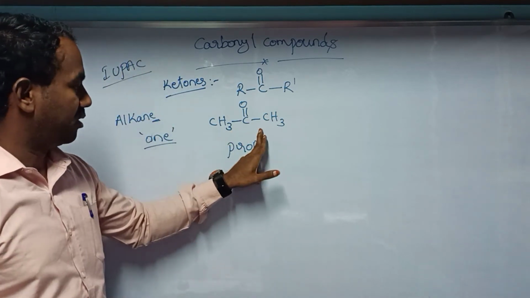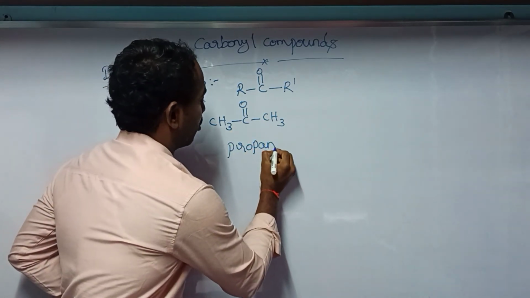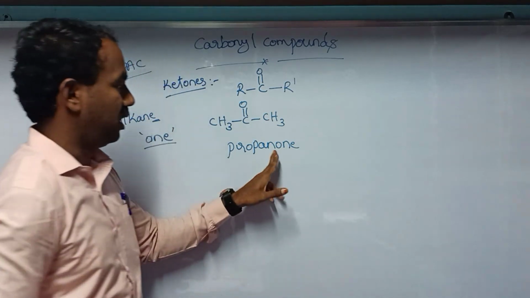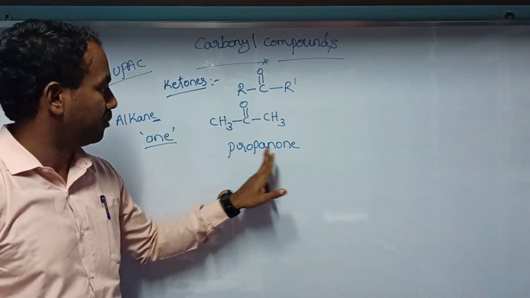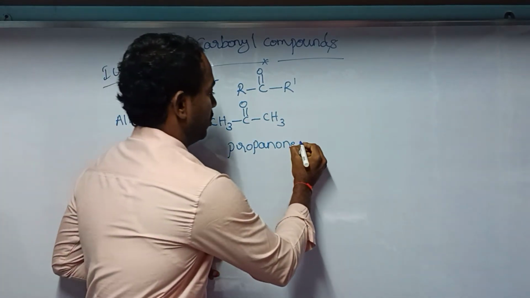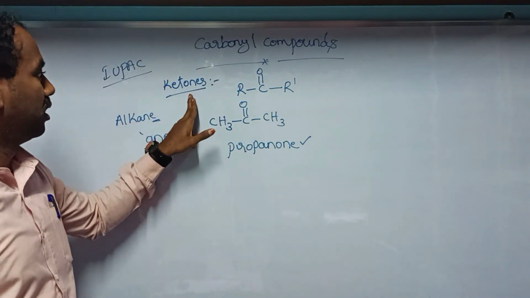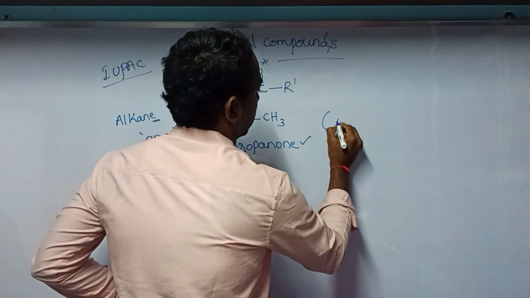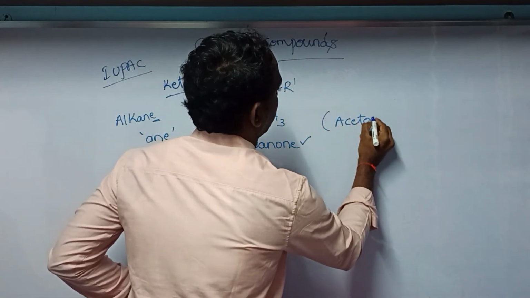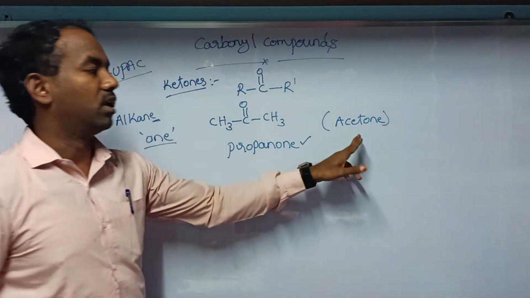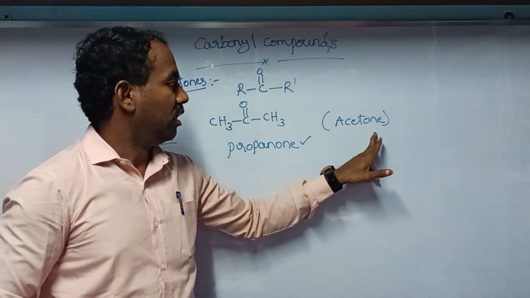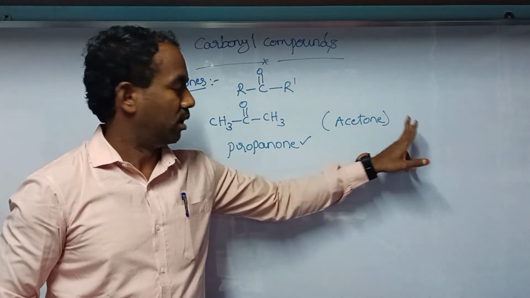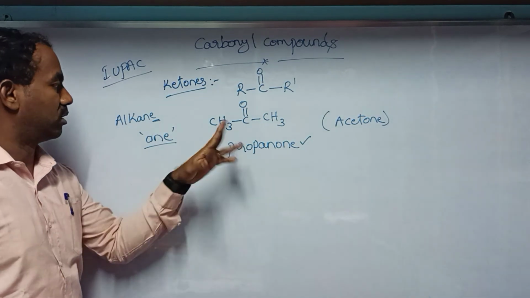But what is the name of this ketone? If the letter E is replaced with ONE, then it becomes propanone. Propanone is the IUPAC name for this ketone. The common name for this one is acetone, which is used as a cleaning agent or solvent in a laboratory. We will discuss that later.